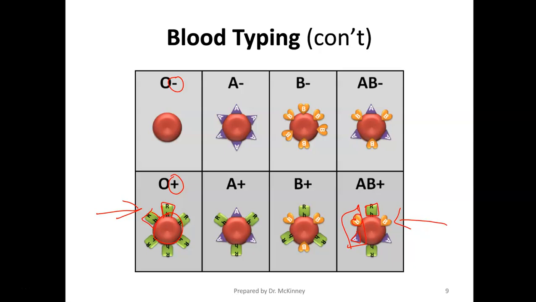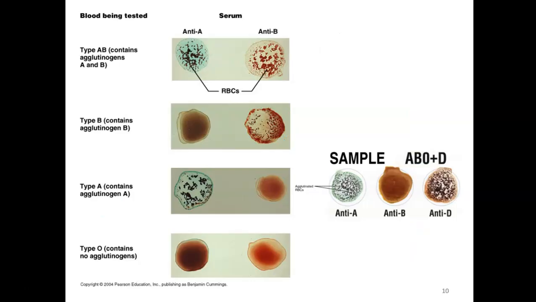AB negative, you have A antigens, you have B antigens, but you don't have the RH antigen, so you are AB negative. Okay. So that's blood typing with the RH factor. And those are the two most common. There are other antigens on your blood cells, but these are the two most common.